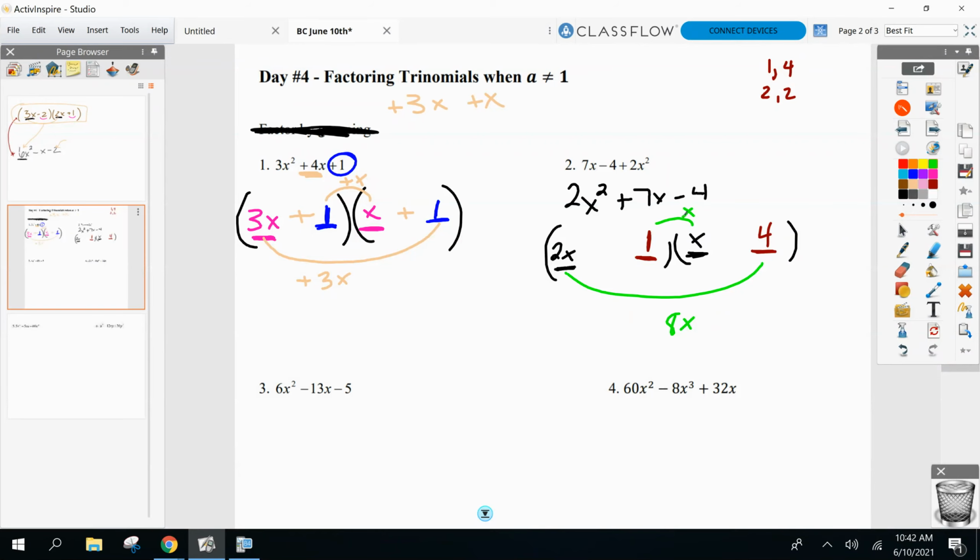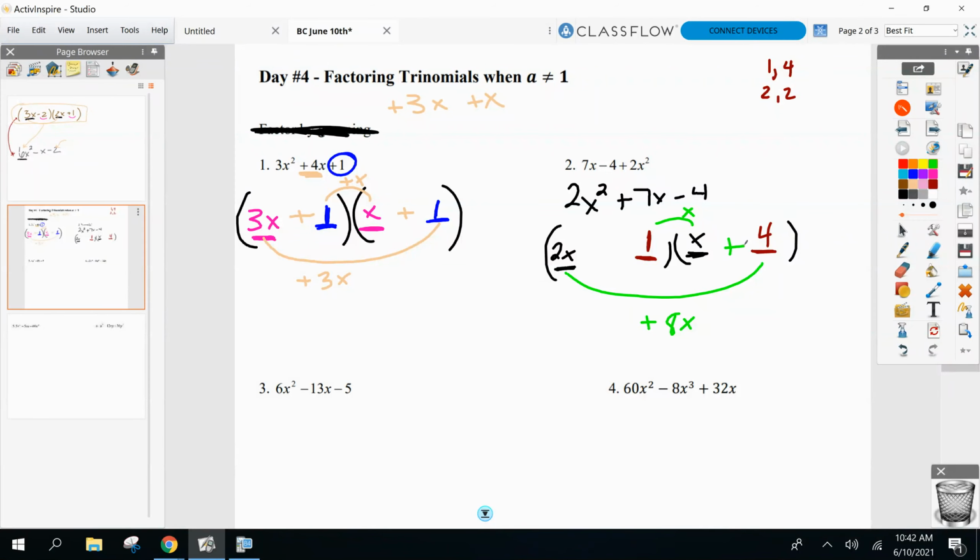Now watch, I'm going to slow it down. What does the sign on the 8 have to be if I want a positive 7x? Plus. Okay. If 8x has to be plus, where does the plus sign have to be inside the parentheses? Everybody look. Where must I put a plus sign to get a positive 8x out? With the 1 or with the 4? With the 4.